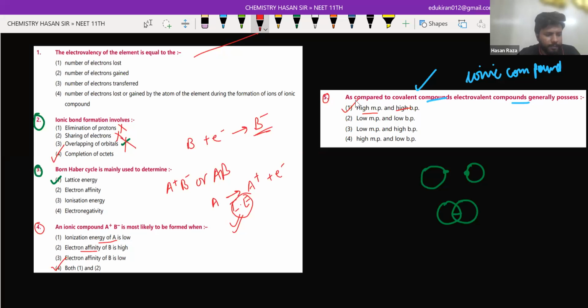Due to very high force of attraction or due to a strong bond. Moving to the next.